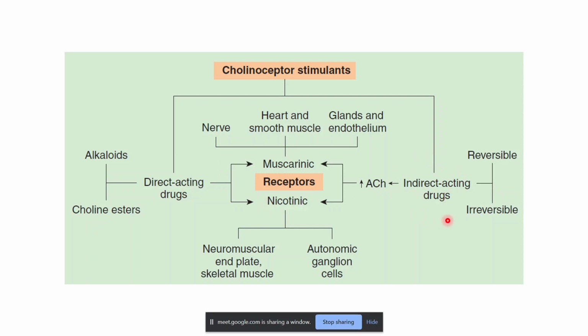Indirect acting agents produce their primary effects by inhibiting acetylcholinesterase, and the indirect acting drugs increase the endogenous acetylcholine concentration, and that leads to the activation of the receptors, muscarinic and or nicotinic, depending on the neuromuscular junction or the ganglia.